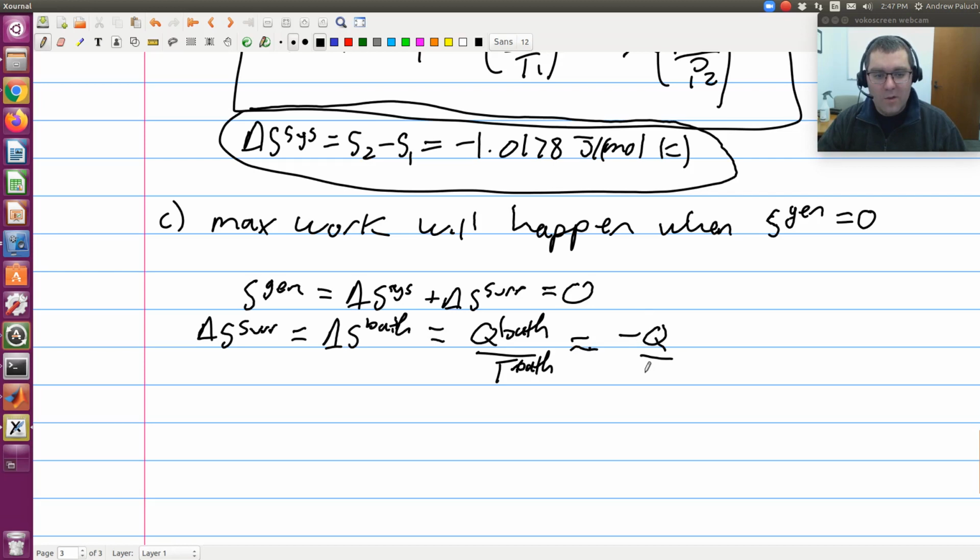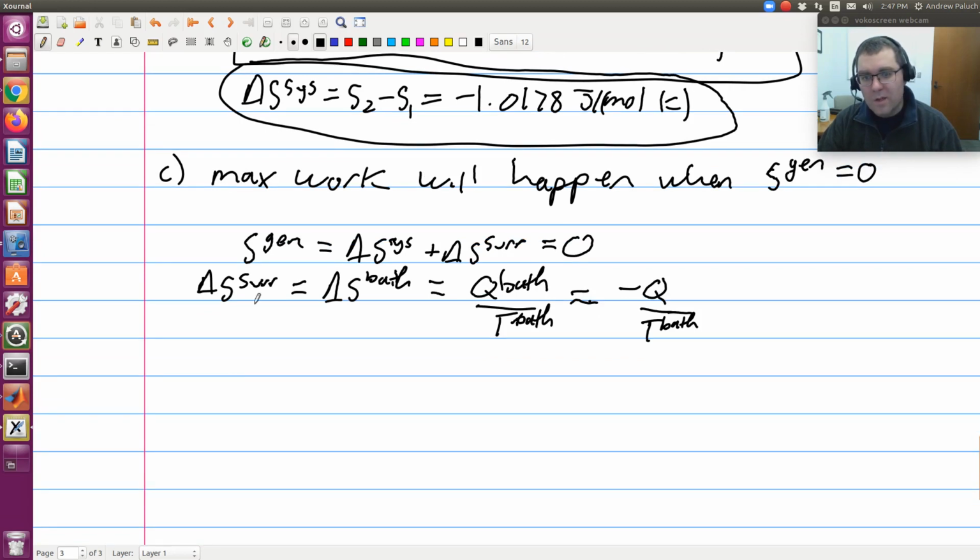So that's going to be negative Q over T bath. T bath was at 25 degrees C, and I have delta S of my system. I just computed that, and so that'll allow me to solve for Q for this idealized case.